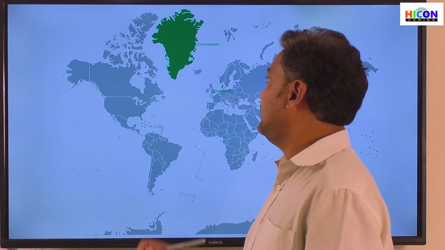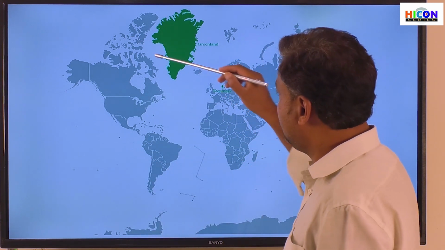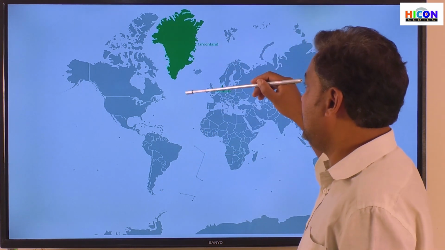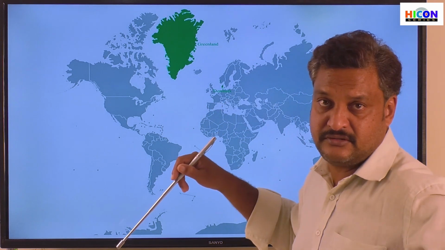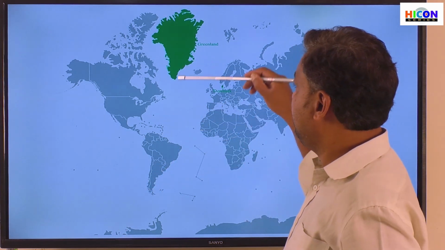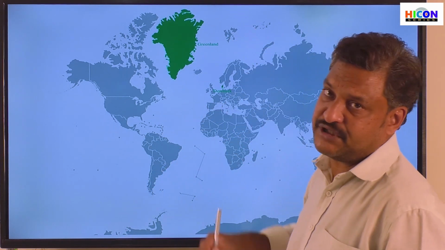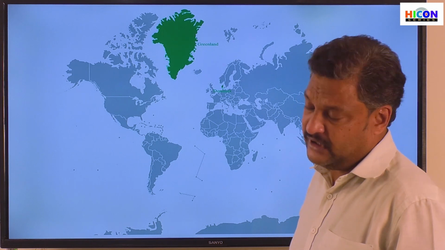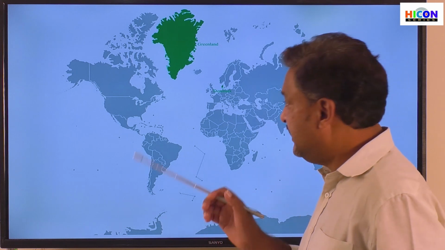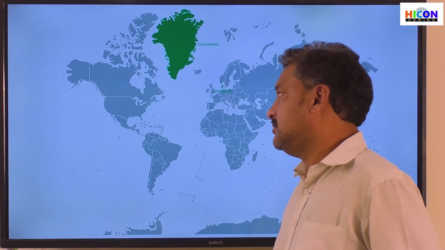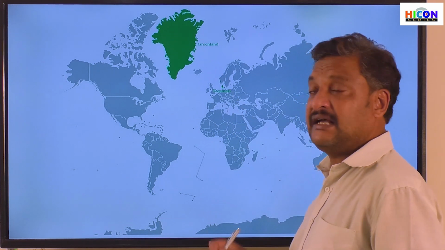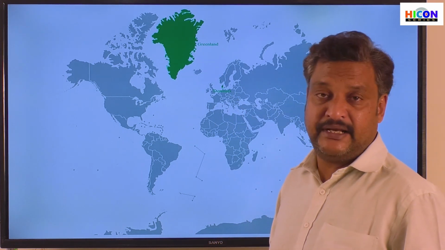So Greenland is an island in the North Atlantic Ocean. This is the North Atlantic Ocean part, and this is the Arctic Ocean. Okay, it is actually lying in between these two regions, right? It was an unknown island. In 981, Erik the Red, a Viking explorer, discovered this island and named it Greenland.